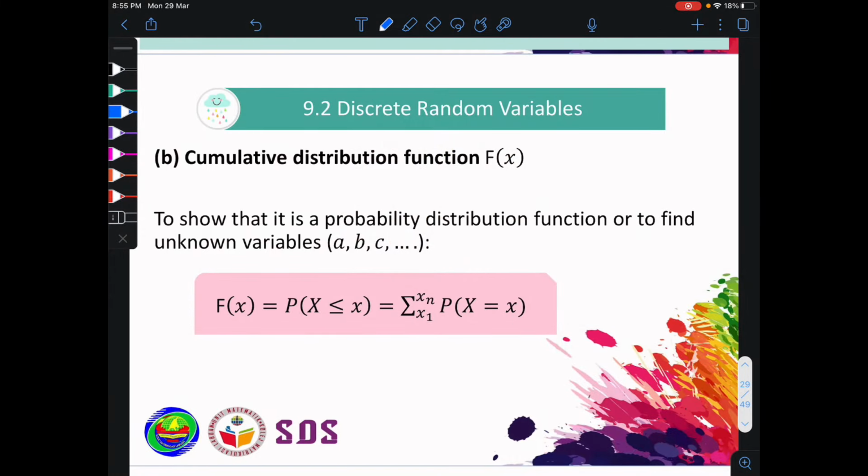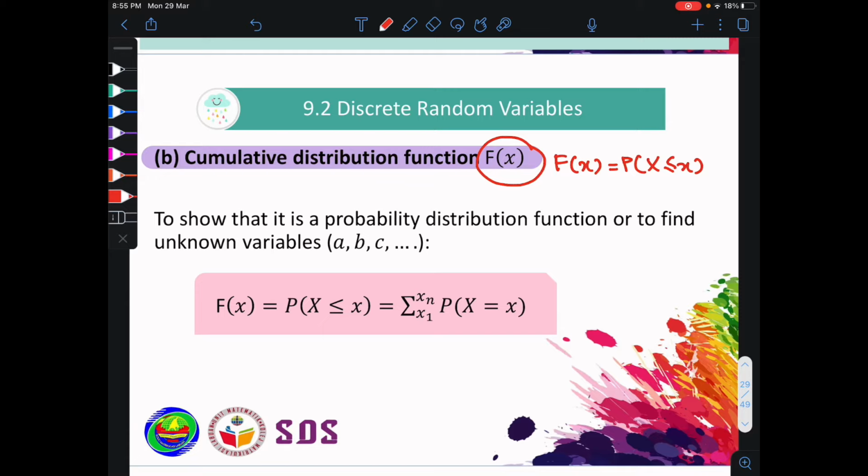Welcome to the next video of 9.2 Discrete Random Variables, Part B, which is called Cumulative Distribution Function, F(x). Do note that F(x) is equal to P(X ≤ x).